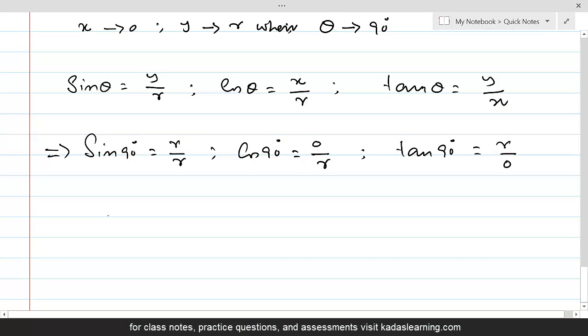This means that sine 90 would be equal to 1, cos 90 would be equal to 0, and tan 90 degree will approach infinity because 0 is the divisor and it is not defined.